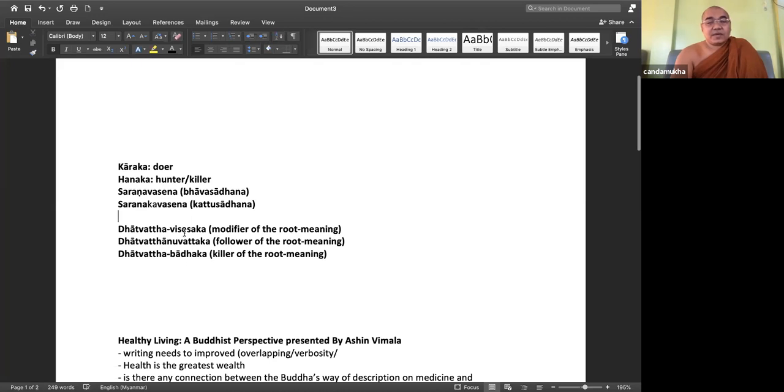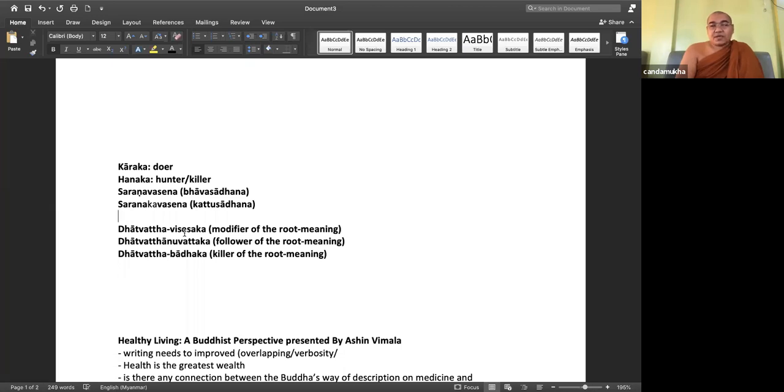So sometimes when the prefix is added to the root, the meaning becomes more beautiful, more decorated, more specific. That they call Tadattha Visesaka. Sometimes adding a prefix makes no change to the root meaning.